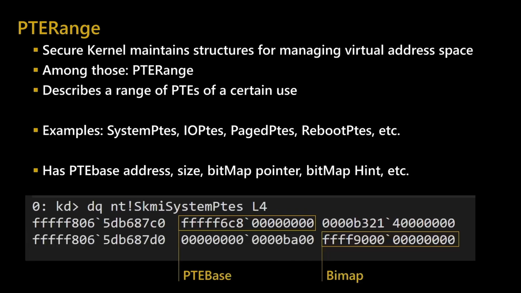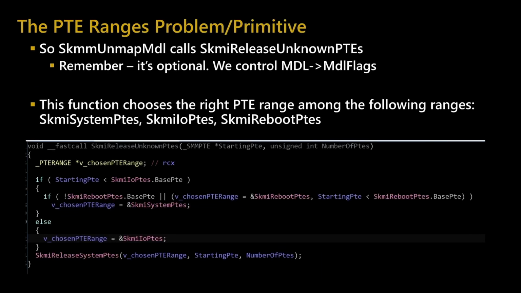And this is really important for us here, because the function SKMI release unknown PTEs tries to resolve the PTE range which contains the PTE address of the virtual address from the MDL. And here you can see that this function only looks for specific 3 PTE ranges, which absolutely don't cover the entire virtual address space. There are more PTE ranges.